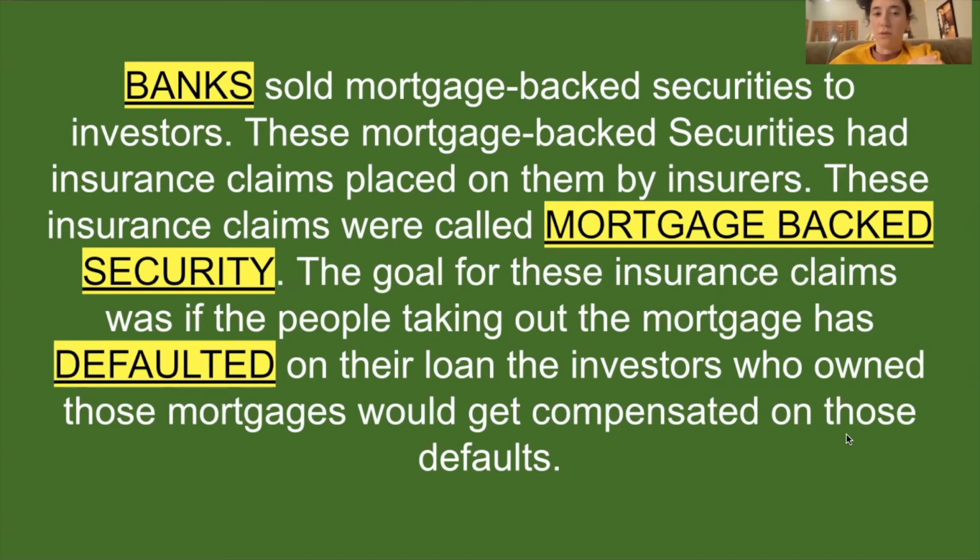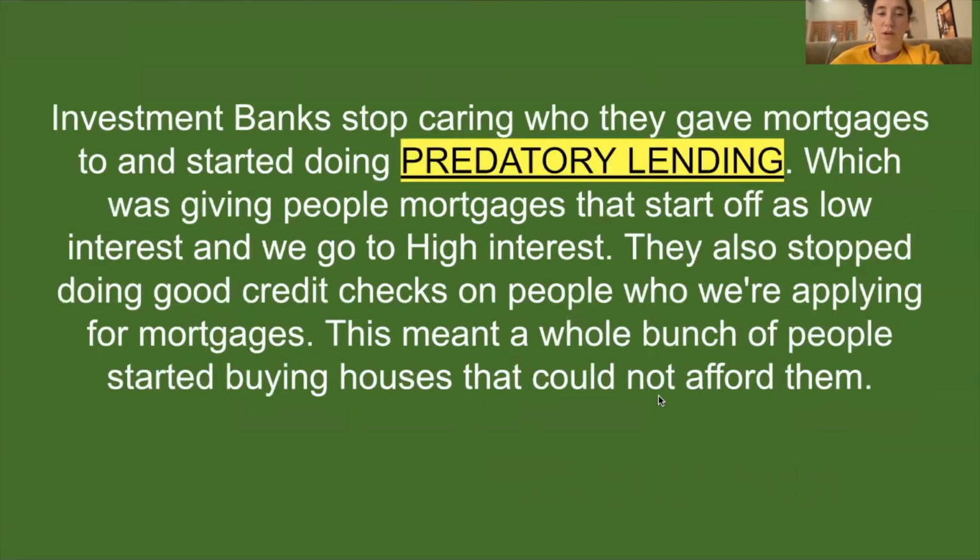Okay, so they're able to be protected, like we've said. These insurance claims were called mortgage-backed security. The goal for these insurance claims was if the people taking out the mortgage had defaulted on their loan, then the investors who owned those mortgages would get compensated on those defaults. Okay, so a little bit of a review there.